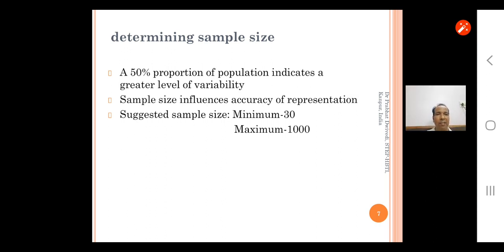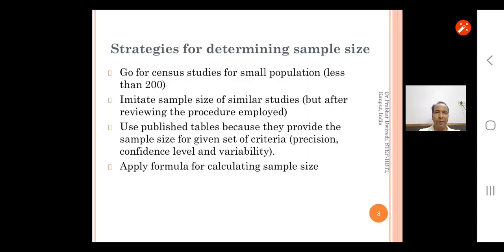The larger the sample size, the better accuracy you can achieve. The next diagram we can see in the next slide, but before that we can have an eye on this slide, which is showing you strategies for determining sample size.